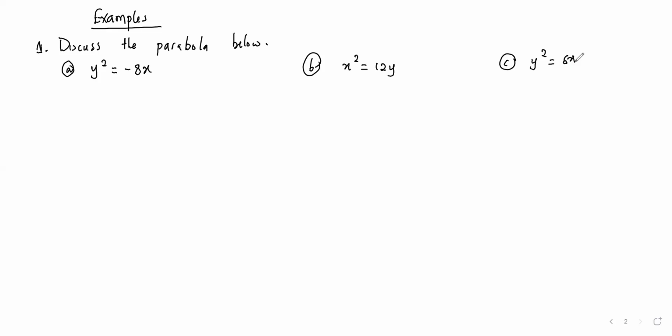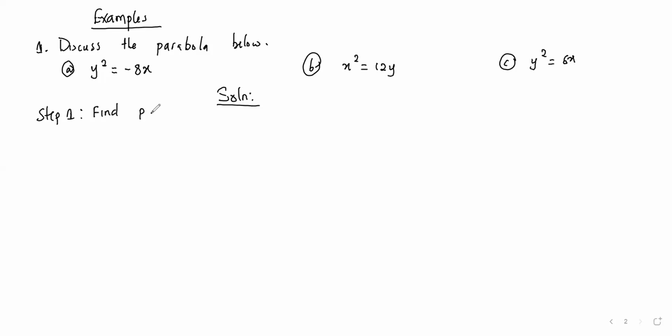So in the first case, y squared is equal to negative 8x. So now here you need to do them in steps so that we don't get confused at each point. So step one, we need to find p.